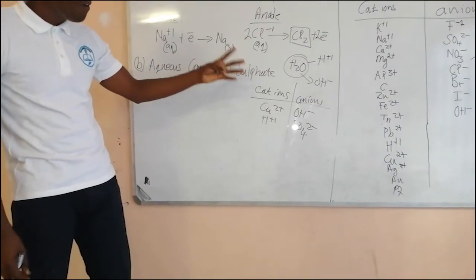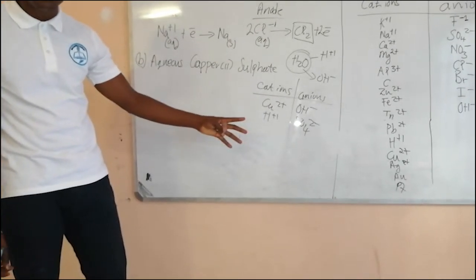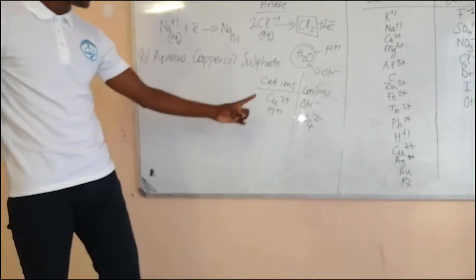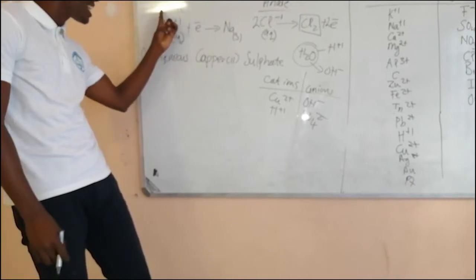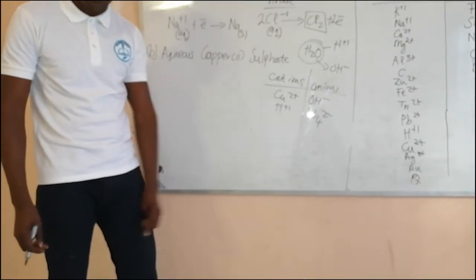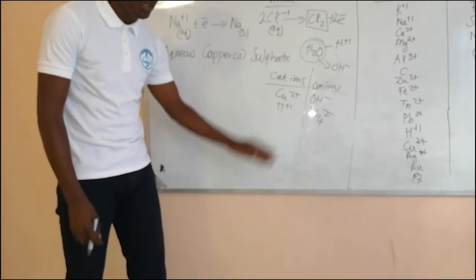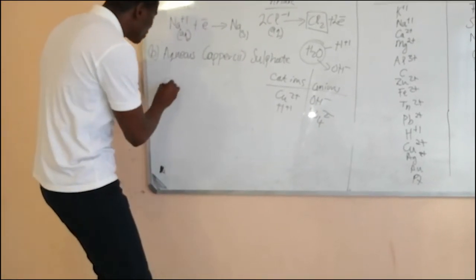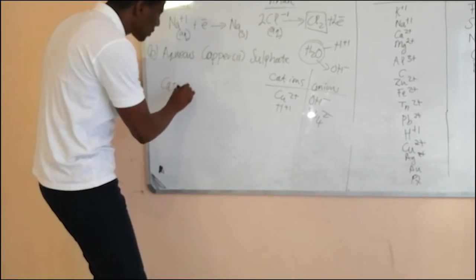Now this is the tricky one. We have 4 ions that are present, and we need to know which ion is going to be discharged at the cathode and which ion is going to be discharged at the anode. First thing first, we start with the cations. What is going to happen at the cathode?